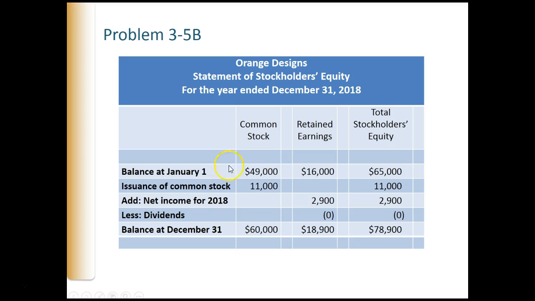From there, we have an ending balance: common stock of $60,000, retained earnings, our beginning balance plus what we've added to it, of $18,900, for a total stockholders' equity of $78,900.